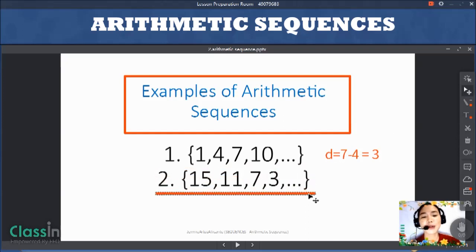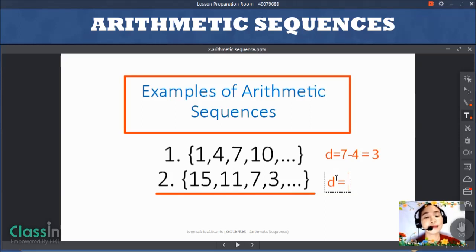Now, let's go to our second example. For our second example, we have 15, 11, 7, 3, and so on. As you have observed here, the terms are already decreasing. It means that we are actually adding a negative number, or the common difference is a negative number. How do we obtain that?